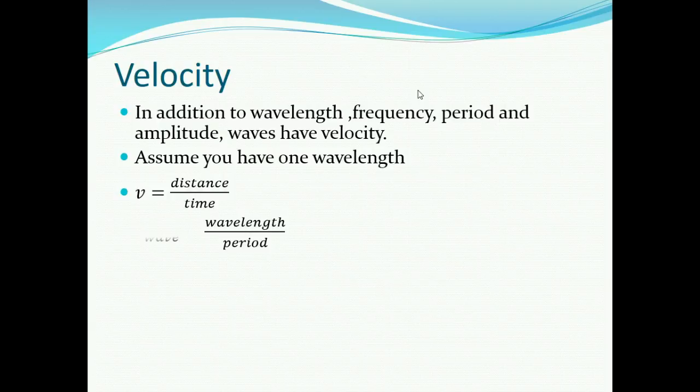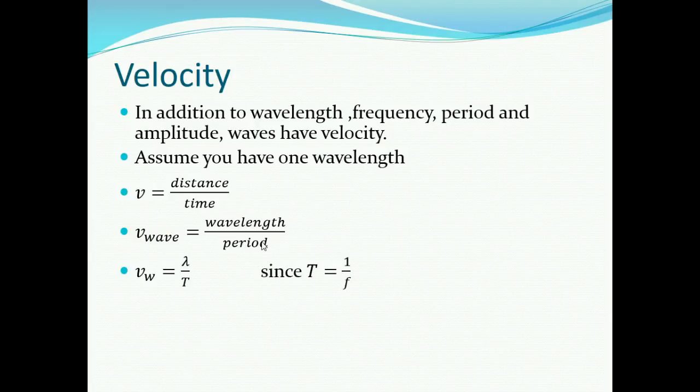So if we want to find the velocity of the wave, the distance of the wave is the wavelength, and the time it takes for the wave to travel is the period. So just think of wavelength as the distance of the wave, and period as how long the wave takes. So that is the wavelength and period replaced for distance and time.